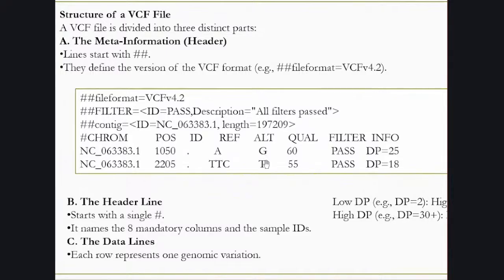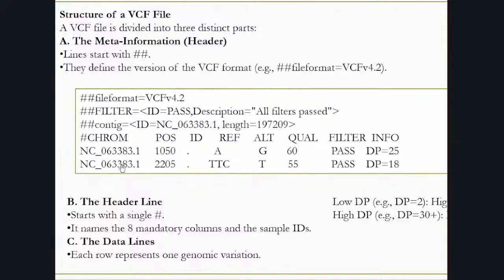Then you will see the quality. The A to G alteration has occurred and the quality is a good score, 60. You can also see the depth is 25. This is almost fine, but not very good, because 30 plus is taken as a very good quality score.